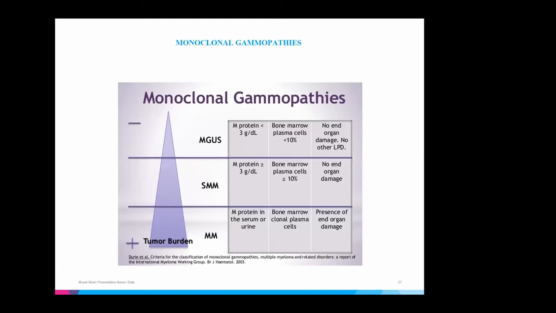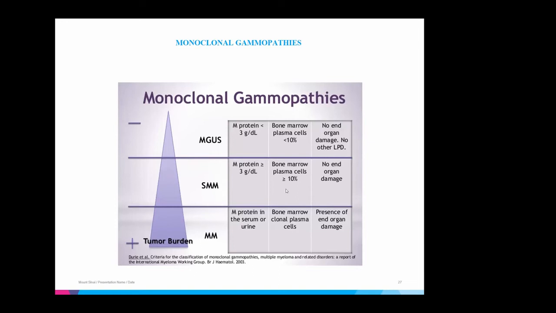So this is a schematic of myeloma, smoldering myeloma, and monoclonal gammopathy of undetermined significance. We already said that the myeloma patients characteristically have an M protein in the serum or urine, they have clonal plasma cells in their bone marrows, and they have the presence of end organ damage.